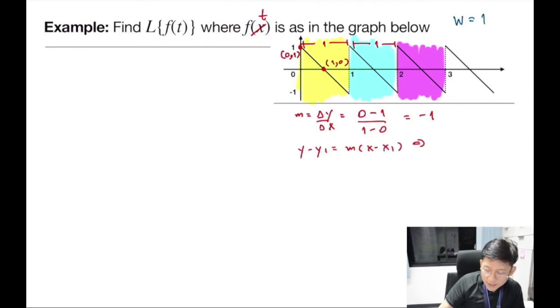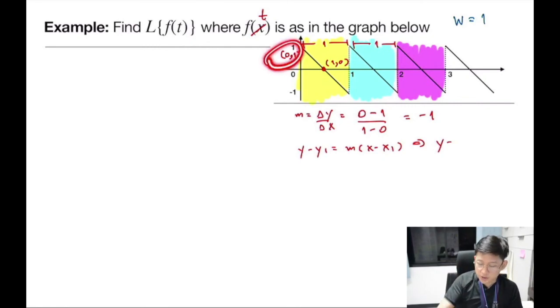So we have y minus y1 and x1, you just pick one of these points. Any point is okay. You can use this point or you can use this point. It doesn't really matter. I'm gonna use this point.